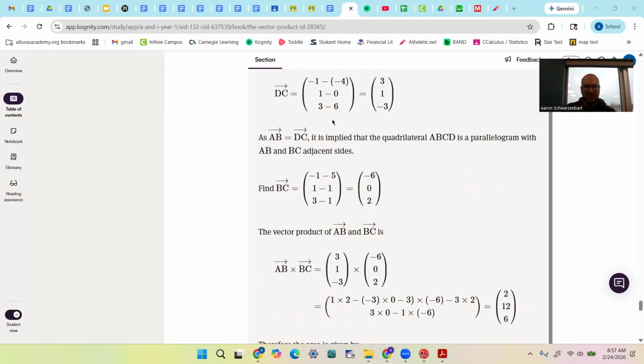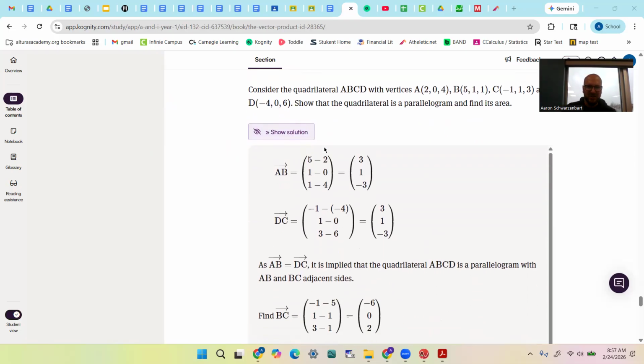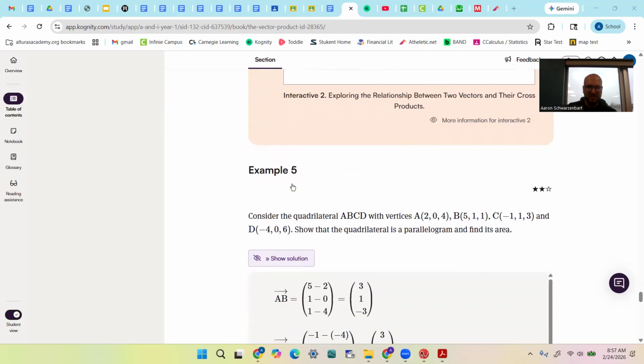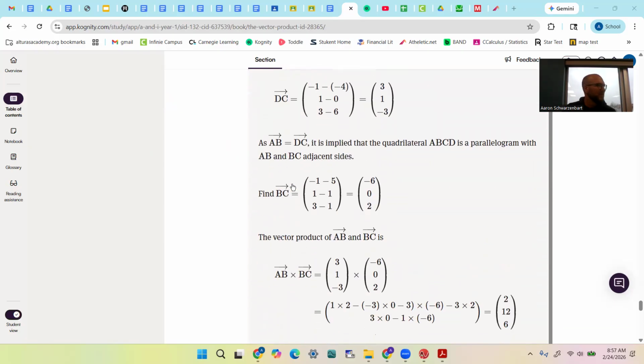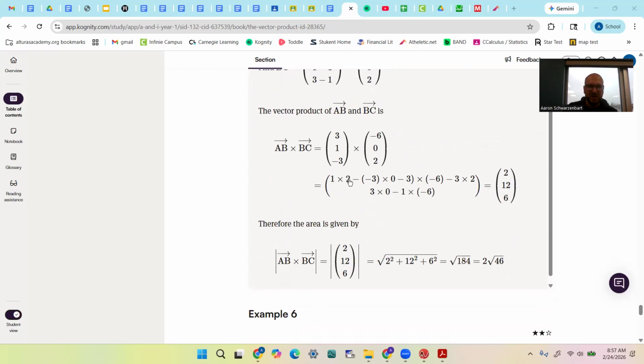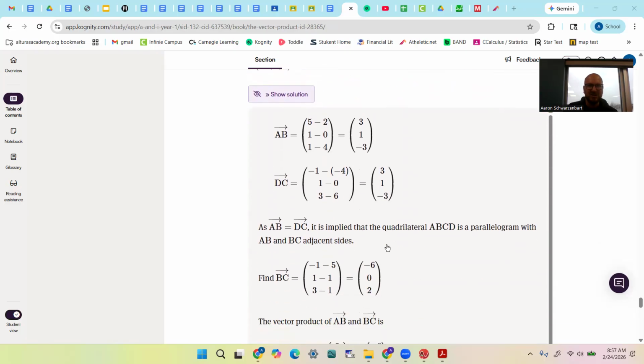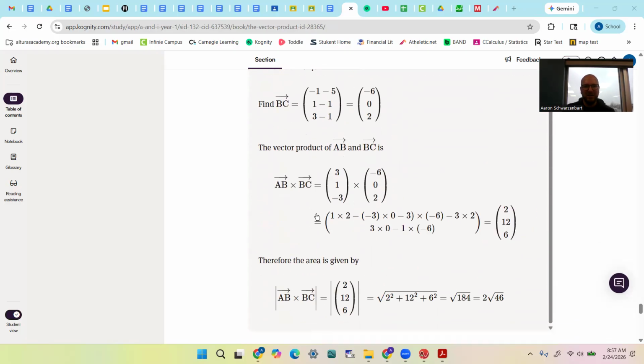But if you needed to prove it, you could find BC and AD, find that they're parallel and equivalent. So it wanted me to find the area. So then if I do AB cross BC and find its magnitude, that's the area. That kind of makes sense.